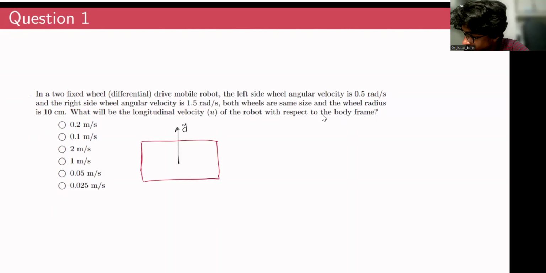This is YB, this is XB, and we have two wheels, one at the left-hand side and one at the right-hand side, right? So as per our convention, the side that is aligned with respect to the positive y-axis, we call this as left, and the other side is right.